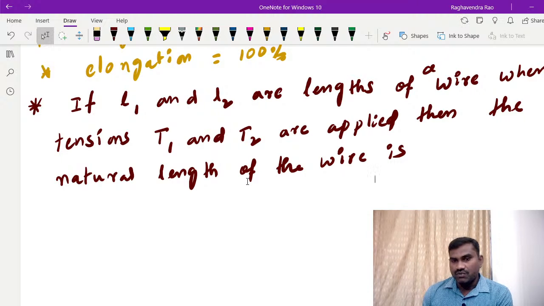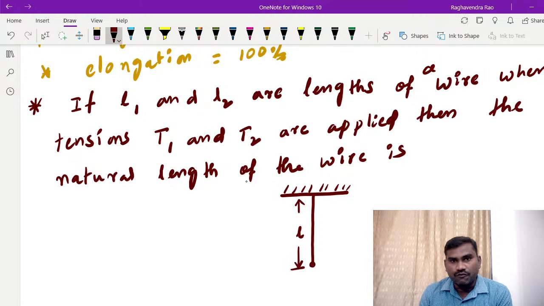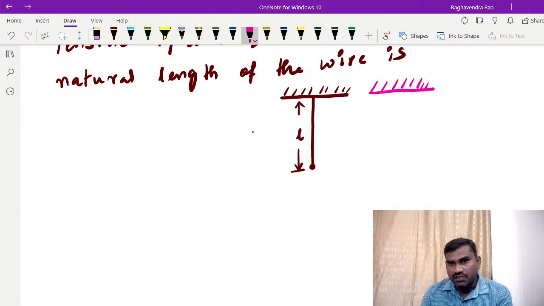For example, initially you have taken a wire of length L. When T1 tension is applied, for example, this is mass M1, tension is T1.